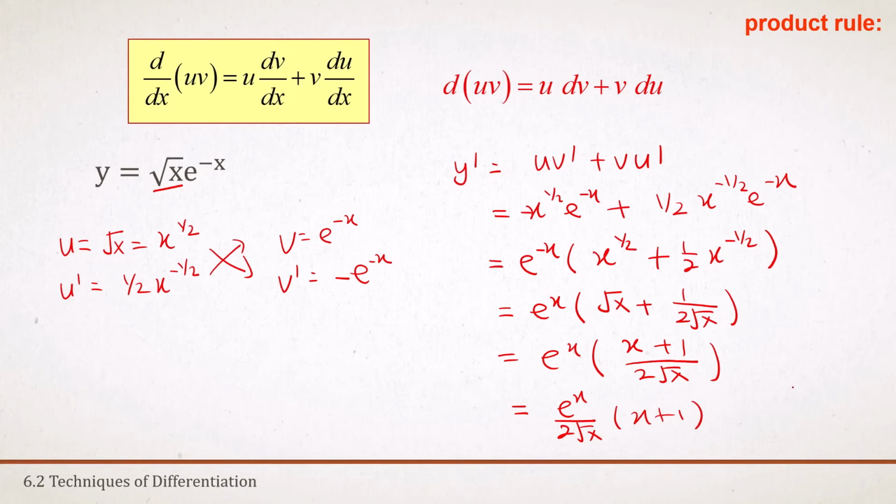And maybe some of you are asking what happens if you leave your answer over here? I will accept it because the question never said that you cannot leave your answer in a negative index.